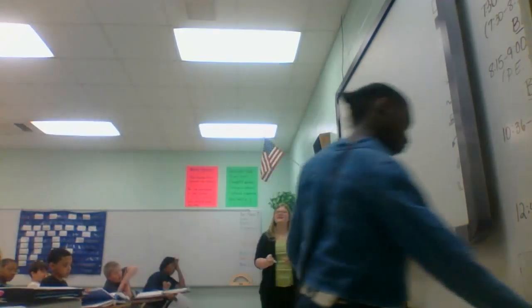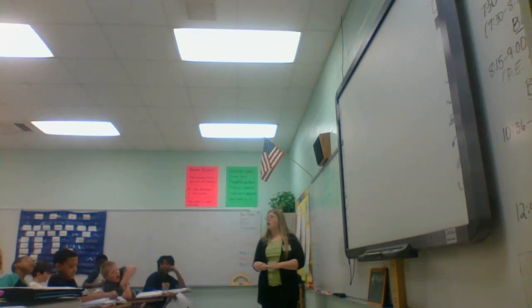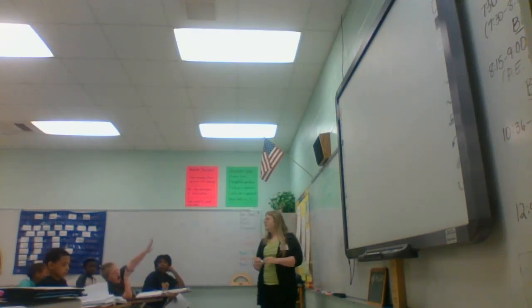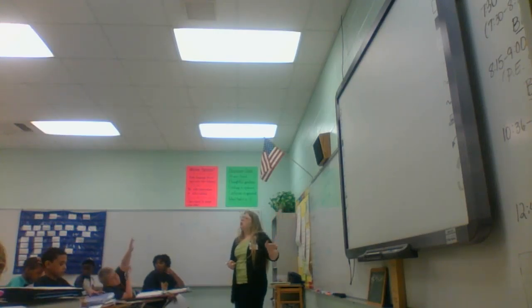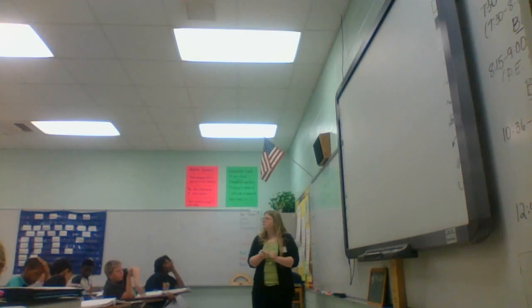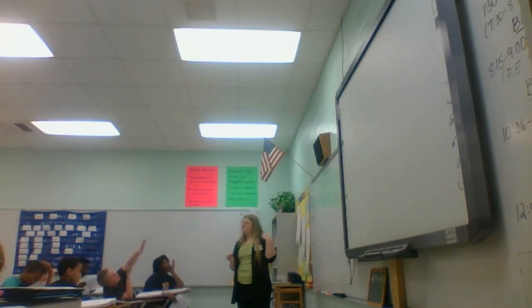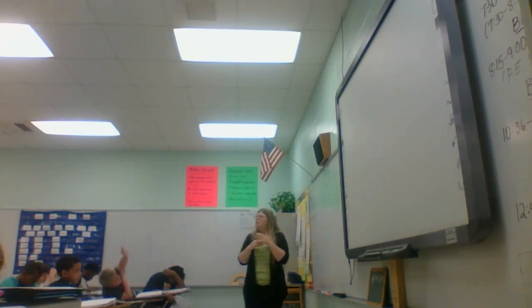Now, if we want to label our graph over here, our chart, what would we label the input side? I'm talking about in words. What would we label it, Dylan? I'm talking about based on the data that we're collecting.